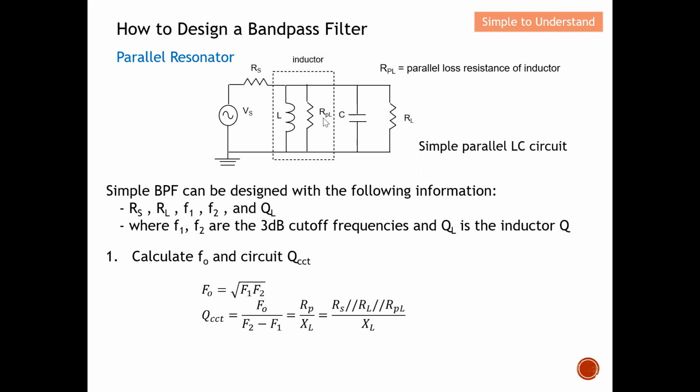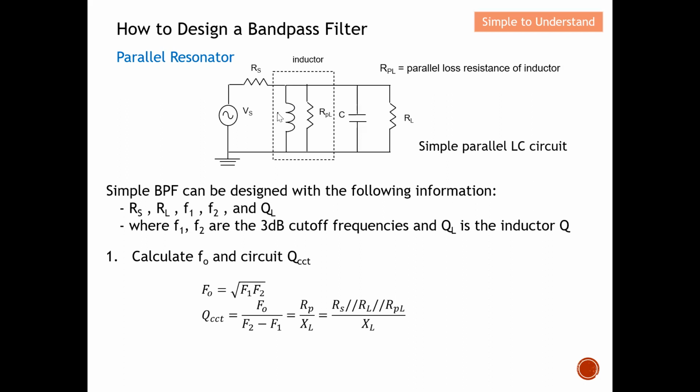One item that I want you to take a look at is this RPL. This RPL is the parallel loss resistor of the inductor, which means that this resistor loss is contributed by the inductor. If you see this diagram here, this is the whole chunk of inductor.